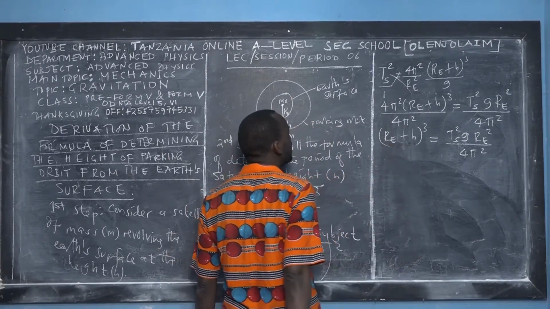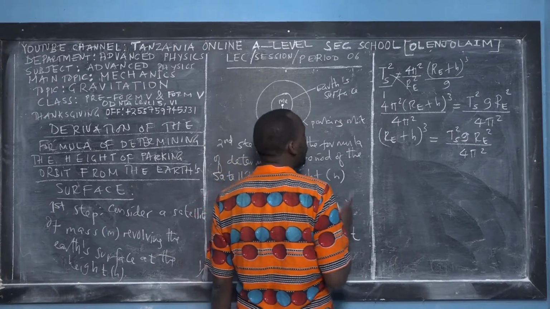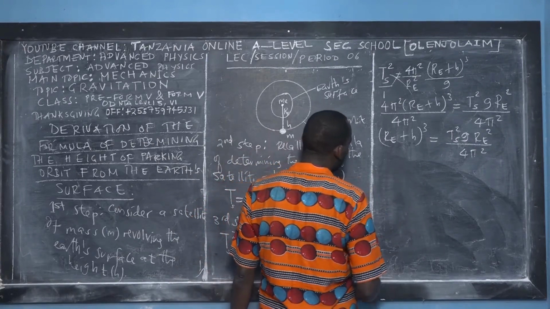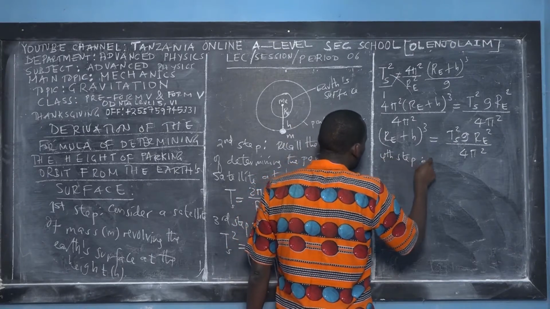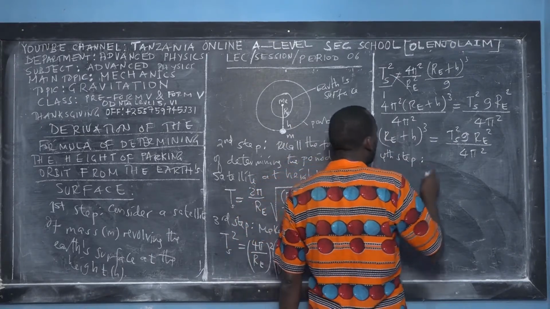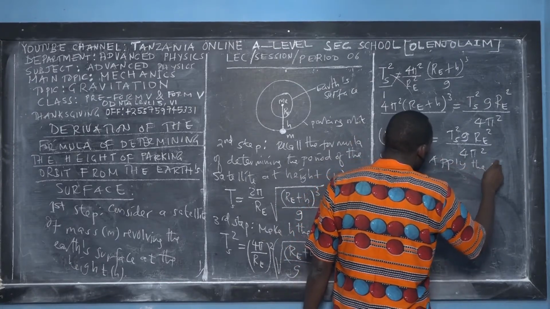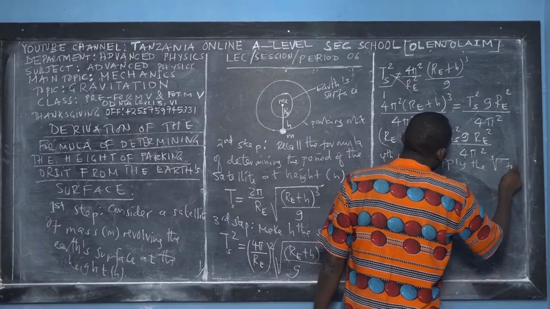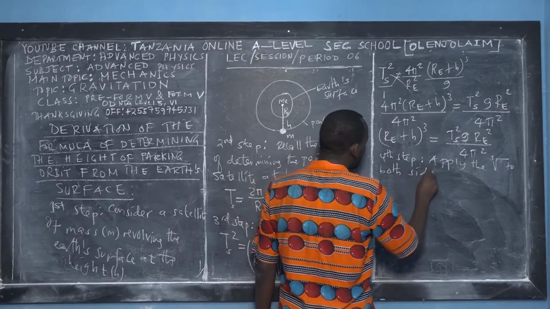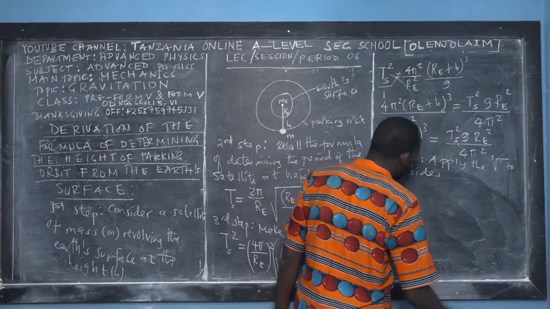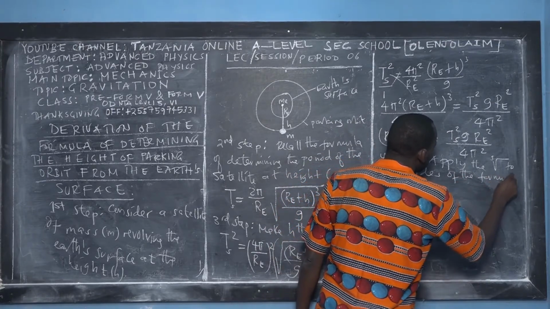To get R_E plus H to the power 1, we have to find the cube root of the left hand side. So the first step, we say that we apply the cube root to both sides of the formula that we are deriving.